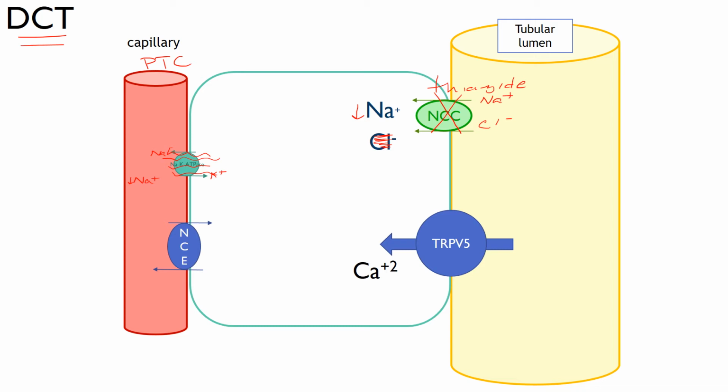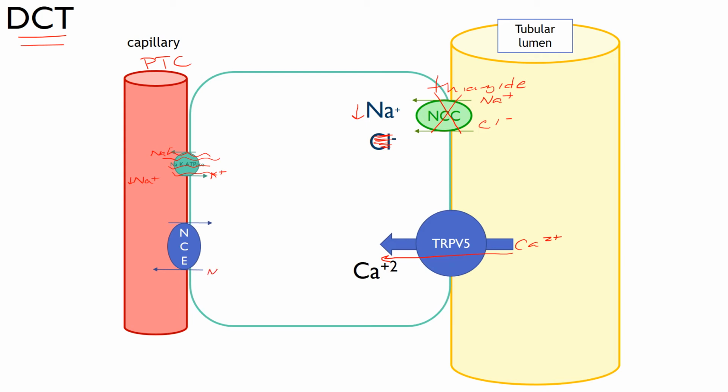Okay, now let's talk about the sodium calcium exchanger. Let's look normally at the action of calcium. Everyone seems to be pretty solid on understanding that calcium leaves the tubular lumen using this TRPV5 receptor ion channel. The calcium enters into the cell.